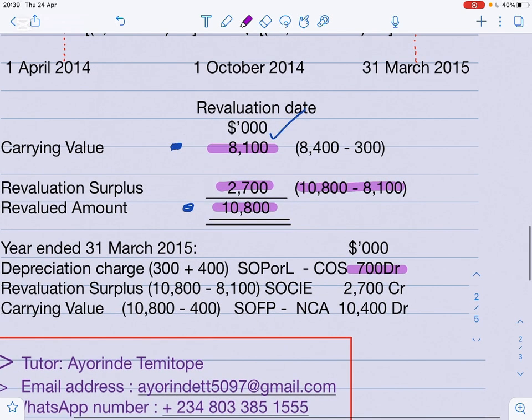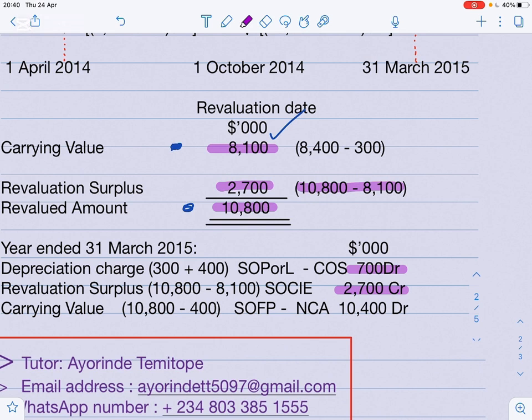So 2.7 could be your requirement instead of the $700,000, which was for the current year depreciation charge. Okay, where will this 2.7 go to? Well, it has a couple of places to go to.